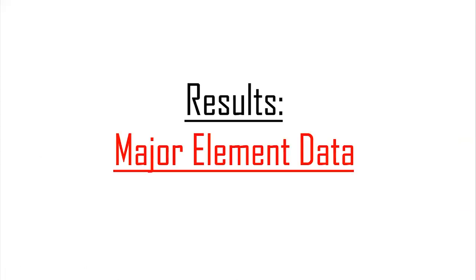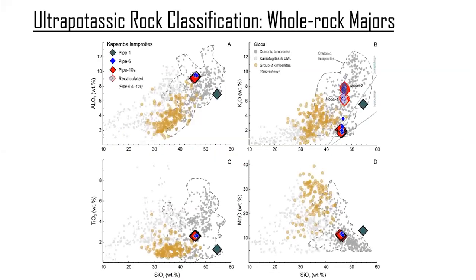Now, to look at the first set of results, we can look at the major element data. Looking at the major element data, we can see that these lamproites show compositions that classify them alongside other globally recognized Tectonic lamproites.